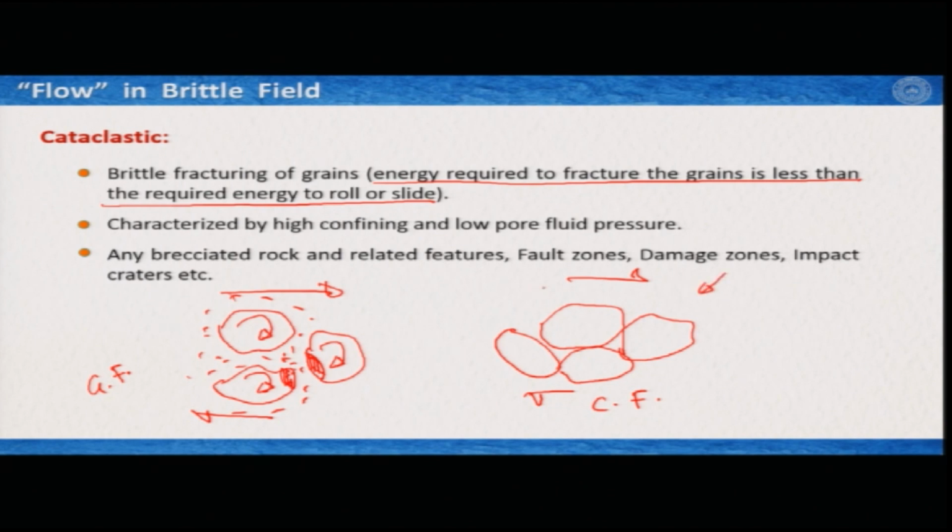Because this is under significant confinement, the grains find it impossible to roll, because the frictional contact here, here, here and other places is extremely high. So instead of rolling or sliding past other grains, the grains prefer to sacrifice themselves by producing fractures along the contact zones.